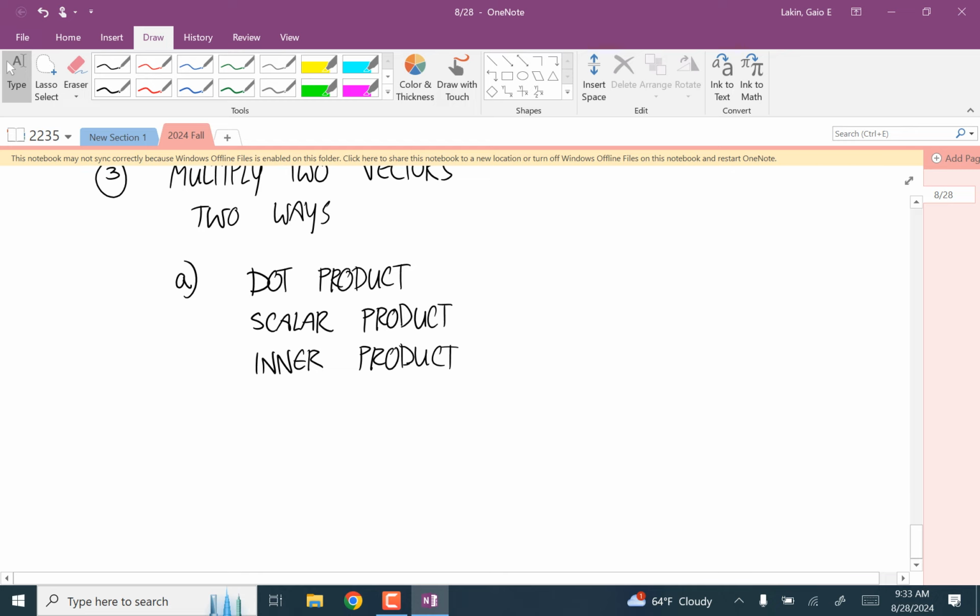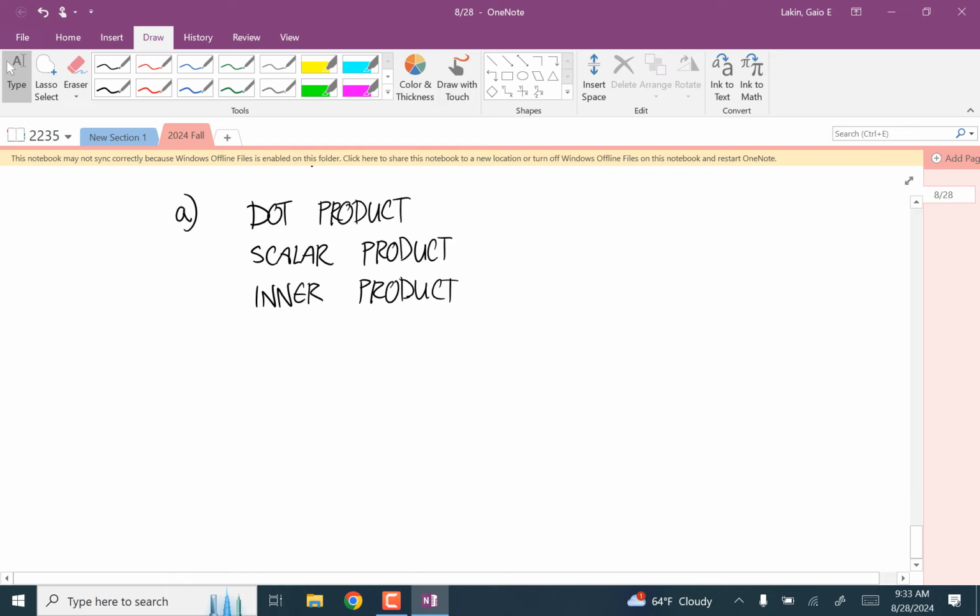Okay, so the dot product. If you're multiplying A, B, C dotted with D, E, F, the answer you get out is not a vector, it's a scalar.